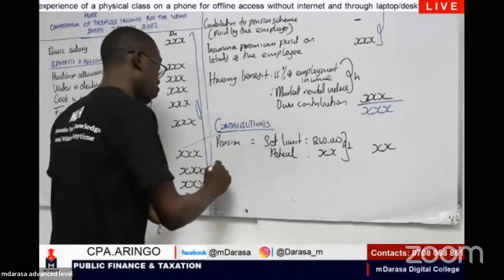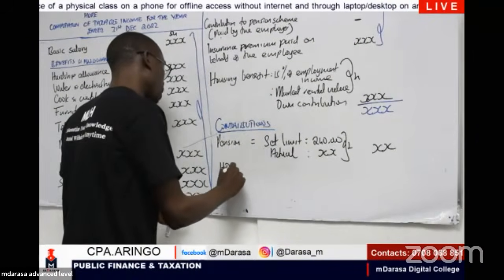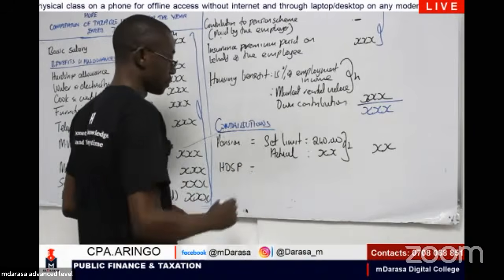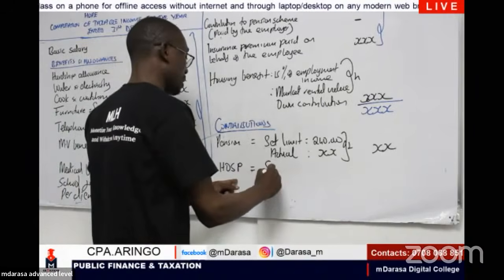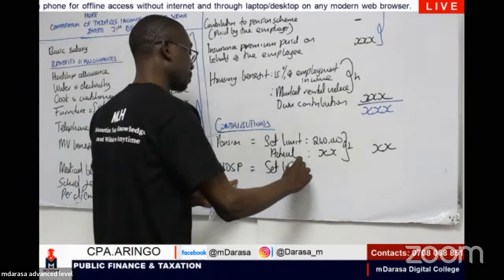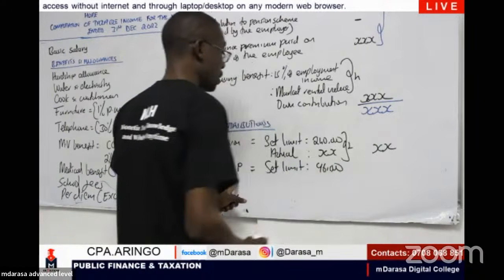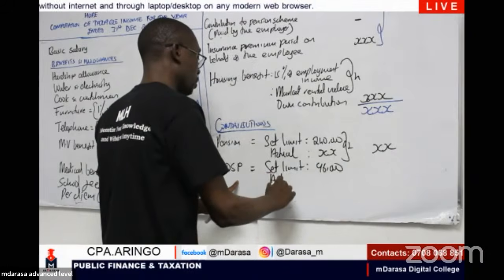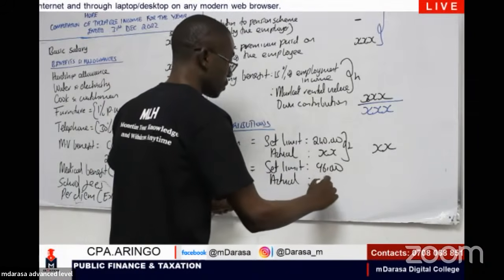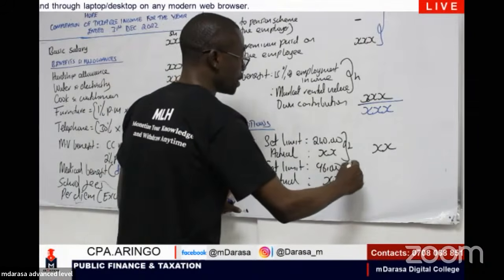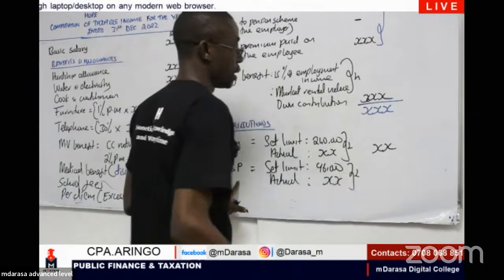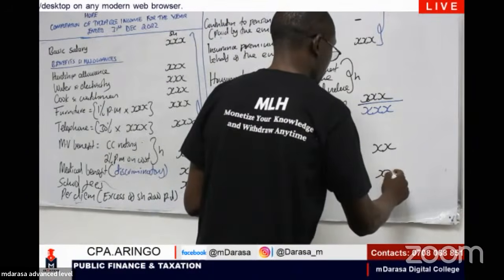Compare your home ownership savings plan. Set limit 96,000. You compare with the actual. Whichever is lower is the one that you're going to take here.